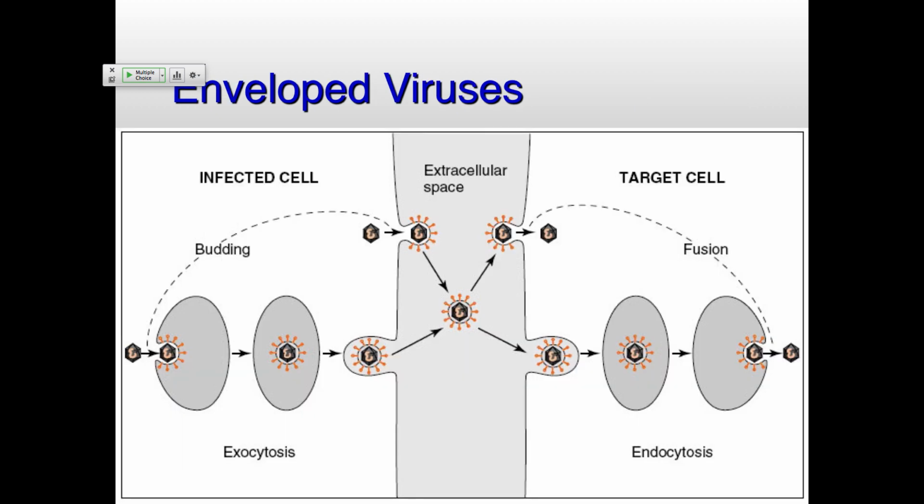So this is the overview from our textbook in terms of how virions are being produced and then eventually get to the target cell. Again, remember we've got this extracellular space. This is the virion.